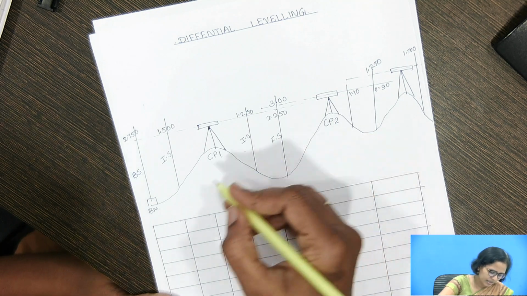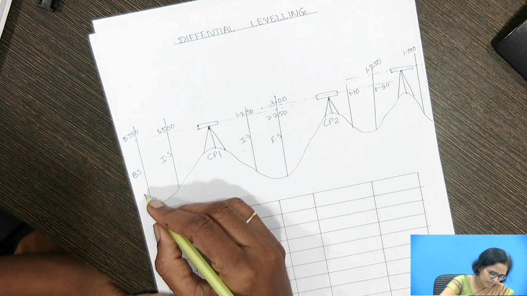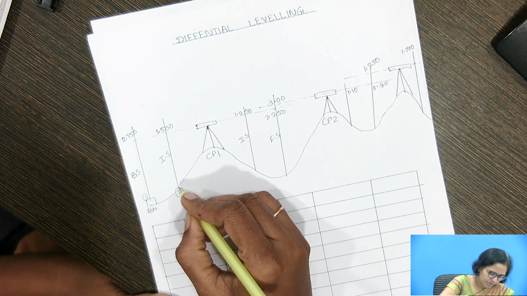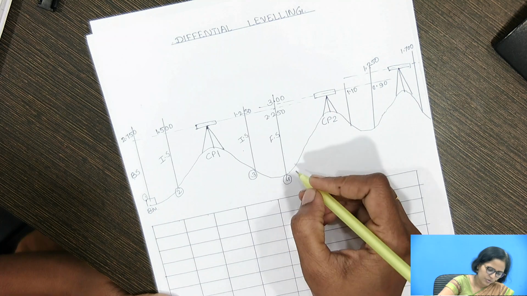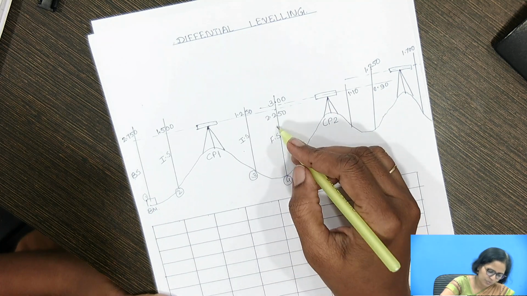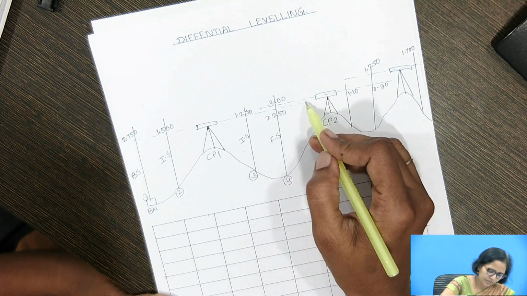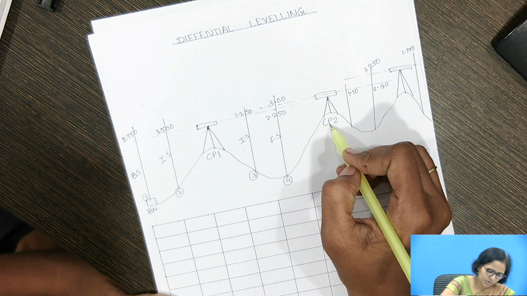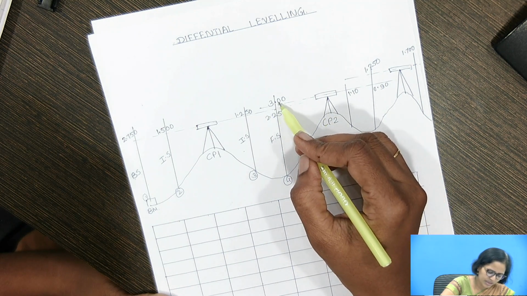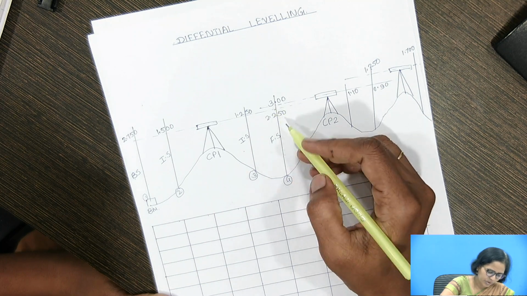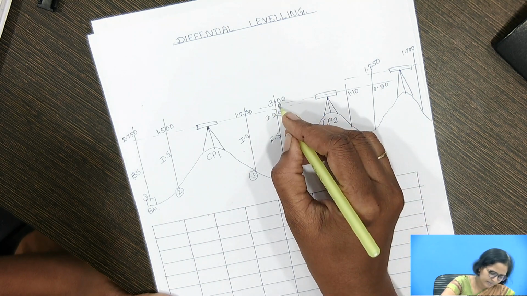Let us say this is point number 1, this is point number 2, 3 and 4. The staff which is kept at the 4th point, I bisect from this position when it is at CP2. So the staff reading works out to be 3 meters. It is called the BS.